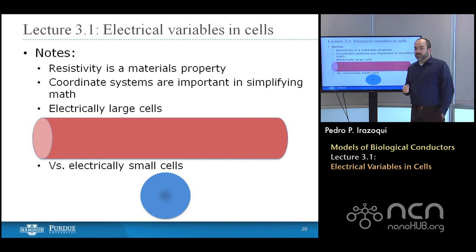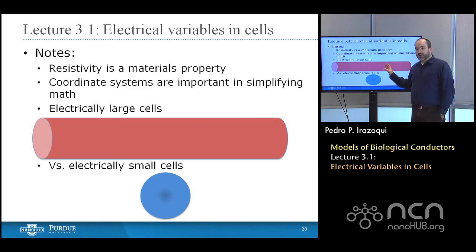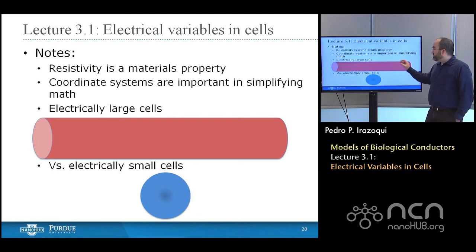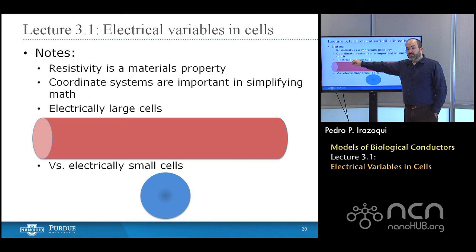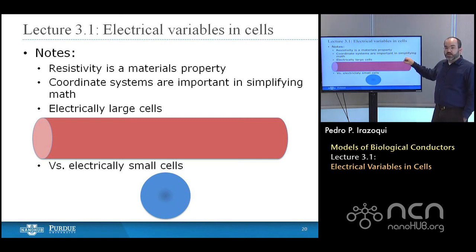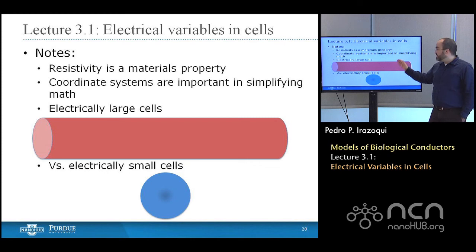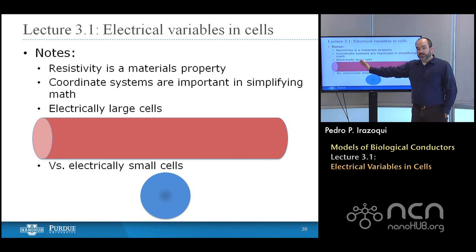Electrically large and electrically small cells, something I want to say here about those. Electrically large cells are cells in which the potential, the voltage at one point along the cell is not necessarily the same as it is at a different point along the cell, because that separation has a given resistance, which requires a particular current to equalize the voltage between those points.